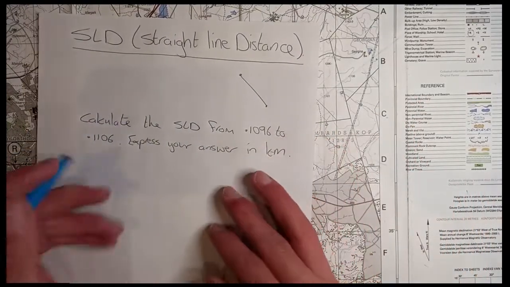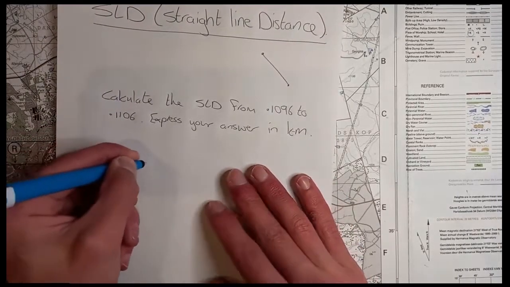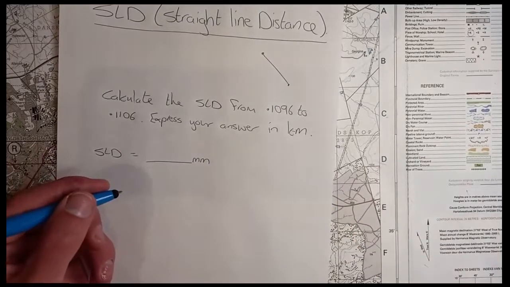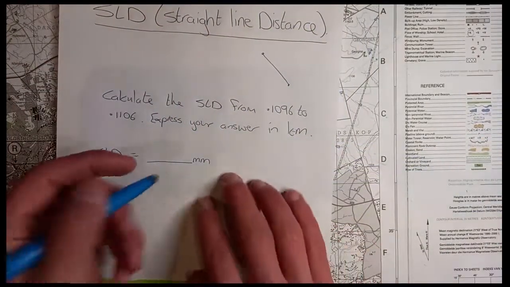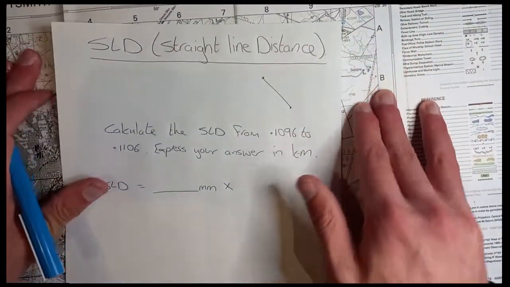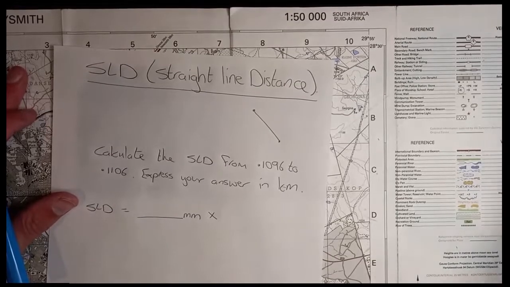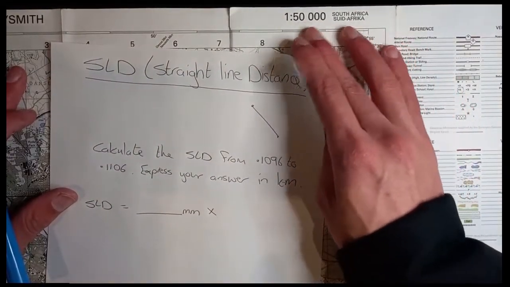So the formula is very easy. SLD is equal to your measurement in millimeters, using your ruler of course. You see we have our ruler, okay? And you're going to times it by your scale. Now our scale is on the map. Let me slide the map down for you. You can see our scale is 1 to 50,000 over there.